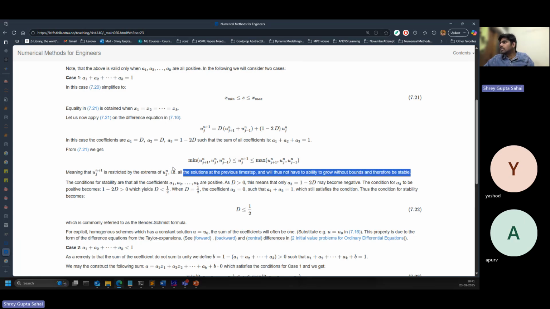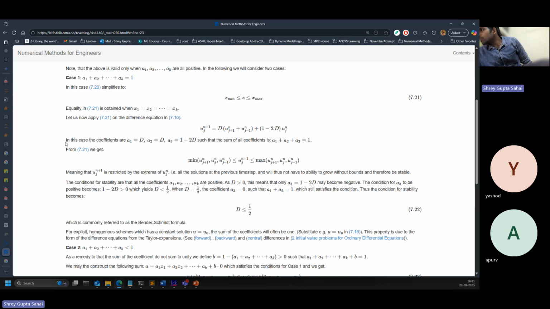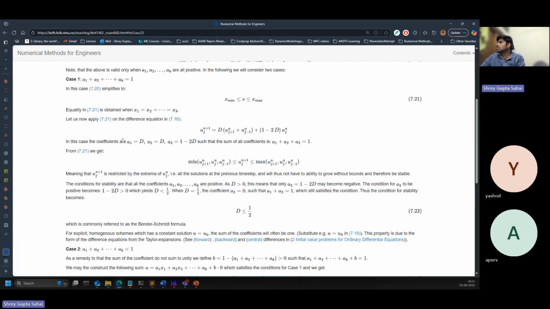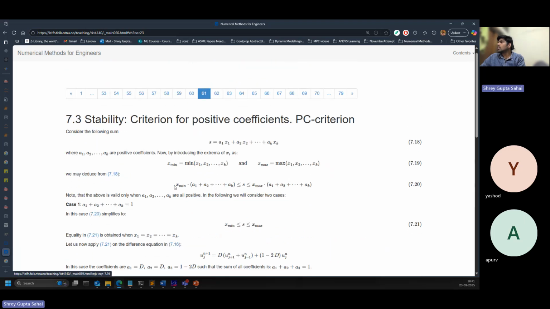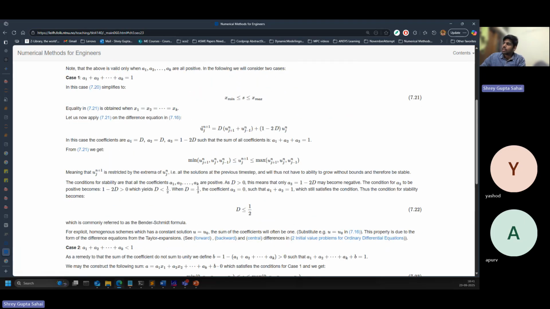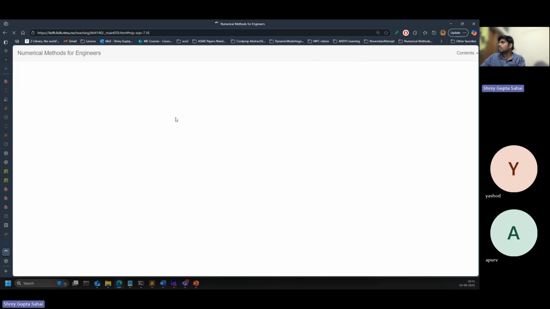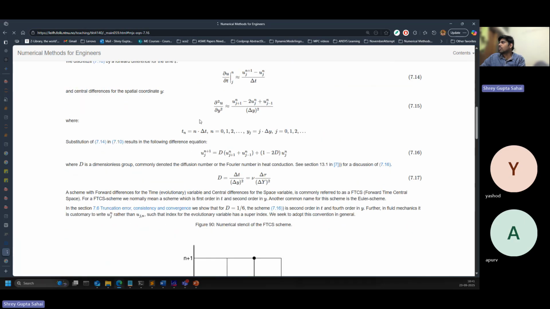Let's go one more step before that. In this case, the coefficients are a1, a2, a3, and the sum of the coefficients is a1 plus a2 plus a3. So what have they done? They applied 7.21 to the difference equation 7.16. Suppose there is this equation that you have, which comes from some problem, say a Couette flow problem.